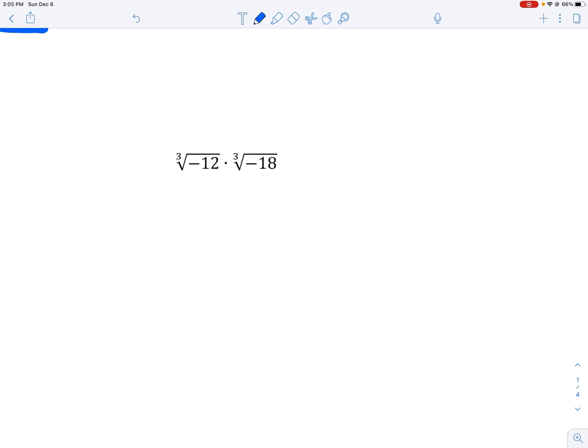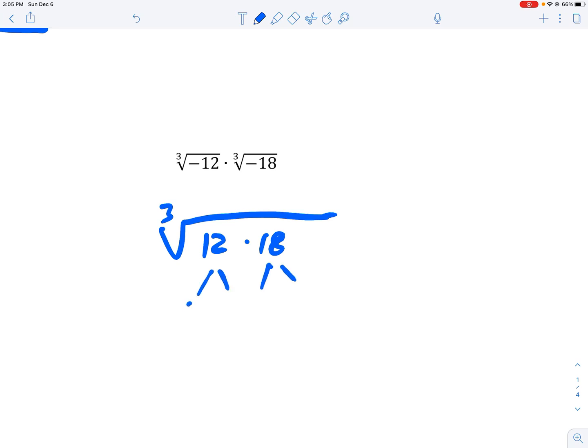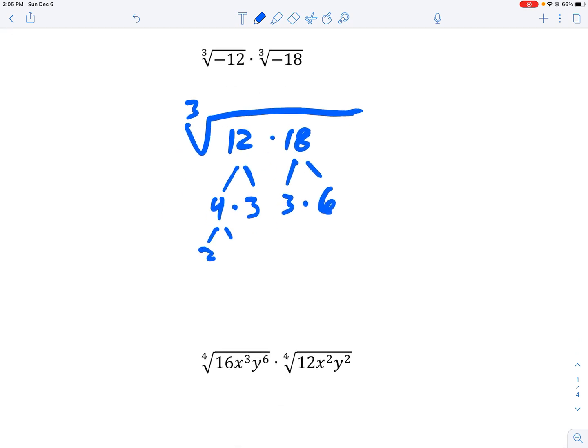Okay, if you look at the next one, you have the cube root of negative 12 and the cube root of negative 18. You can rewrite that as the cube root of 12 times 18, right? Because if you multiply them together, they both eventually become positive. So I can split this up. This would be 4 times 3. This would be 3 times 6. So this is 2, 2, 3 times 2.